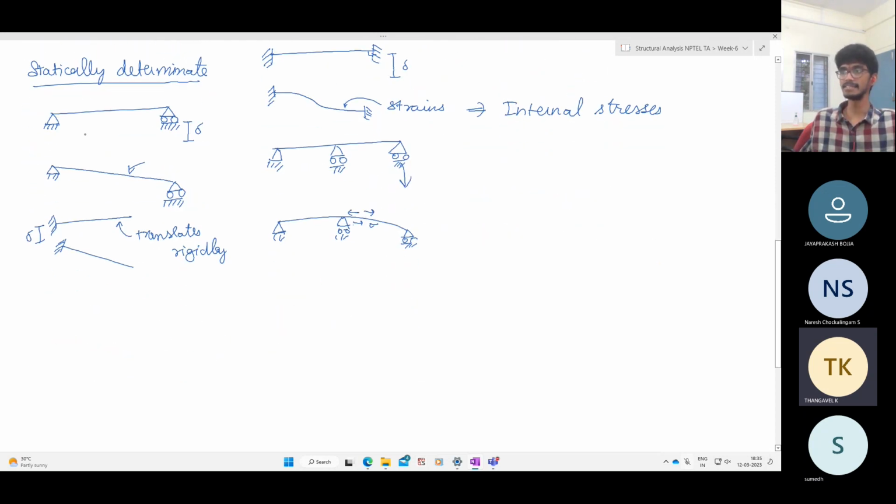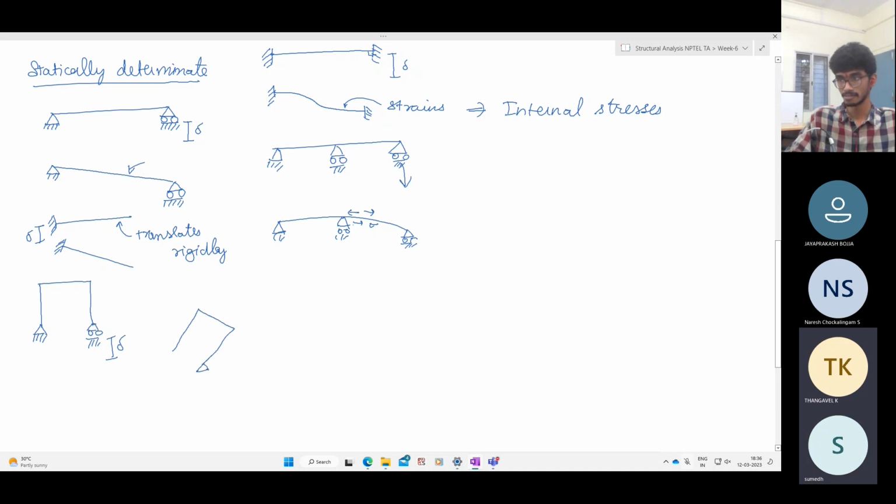In case of an accidental, unexpected sinking or rotation of the support, no strains are induced. Even if I take a portal frame and this starts sinking by some delta, nothing will happen. The portal frame just rotates rigidly.